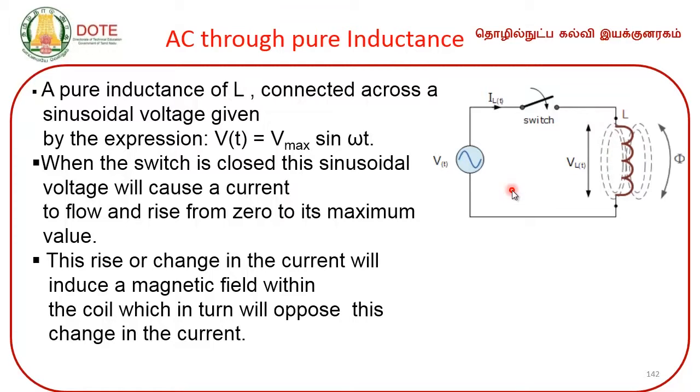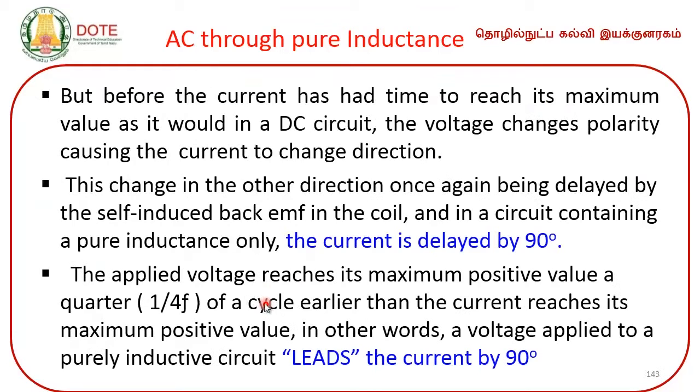Out of phase means there is a phase difference between the voltage and the current, right? This phase angle difference is 90 degrees actually. So when there is a difference, one goes ahead and one goes behind, right? Who is delayed? Actually the current is delayed by 90 degrees from the voltage.